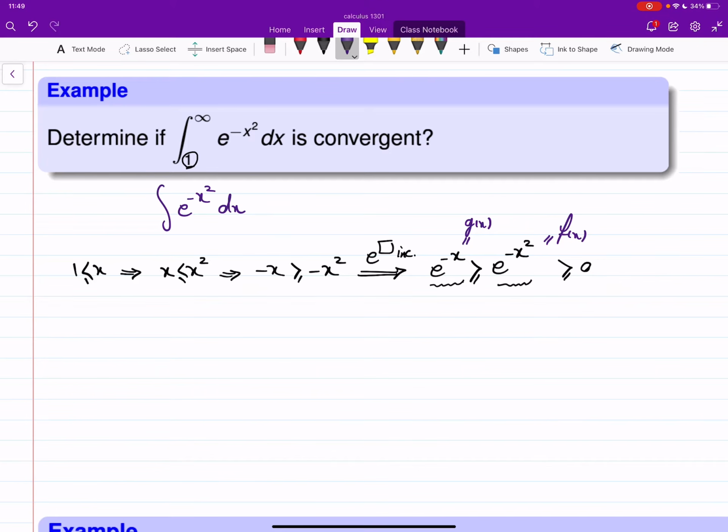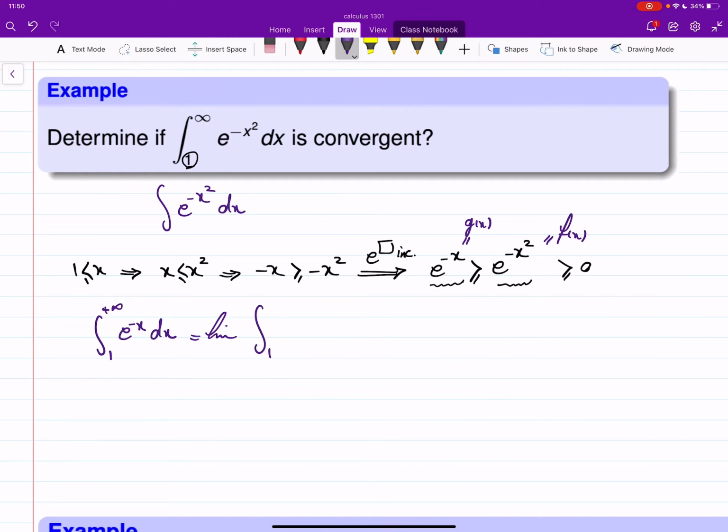Now, if I can show that the bigger function has a convergent integral, then we are done by the comparison test. So let's focus on the upper function that we just found and try to see if we can evaluate this.